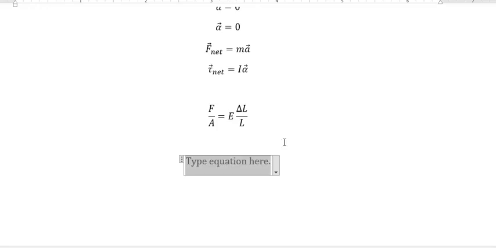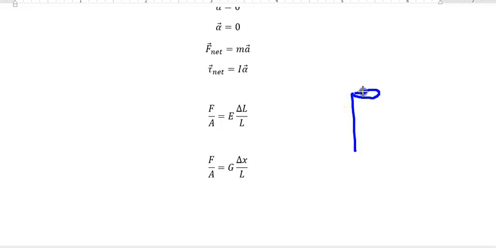Strain is very similar to stress, except now we're talking about movement in different directions.